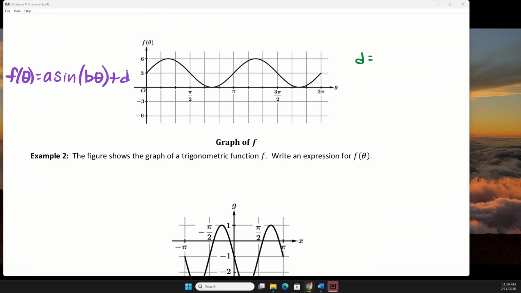All right, D is always associated with the midline. What is the midline of this graph? 3, good. All right, and A is either going to be the positive or negative version of the amplitude. Now, this is a positive version of sine. So it's going to be the positive version of the amplitude, which is also 3.